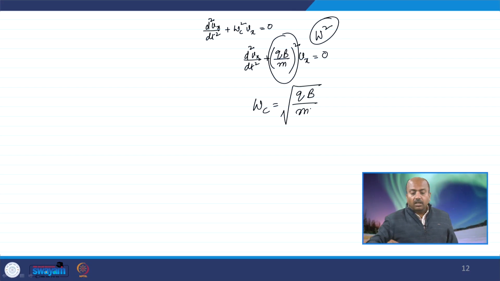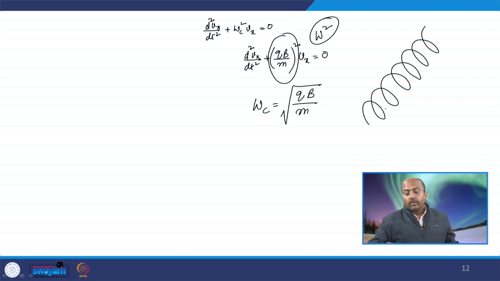So when the particle is experiencing a homogeneous magnetic field, the particle will move in a circular path, and because of the non-zero velocity component along the z direction, which happens to be parallel to the magnetic field, the particle's motion will look like a helical path.